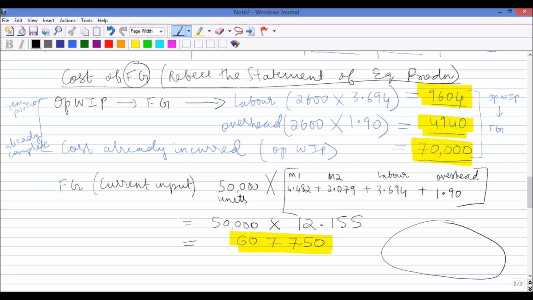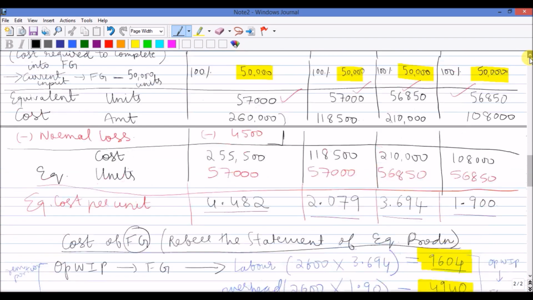So 9604 plus 4940 plus 70,000 plus 607,750 is going to give me 692,294.